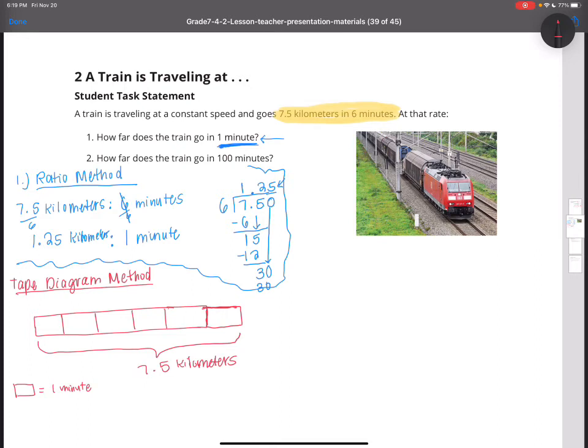So you need to figure out, well, if 6 pieces represents 7.5 kilometers, then how much does 1 piece represent? Now, you can do the same thing. I would divide 7.5 by 6, and we would get the same number, which is 1 and 25/100. So what you do is put it in each box.